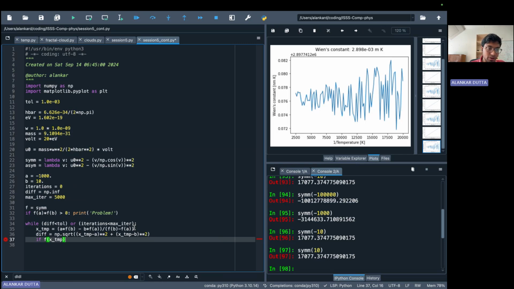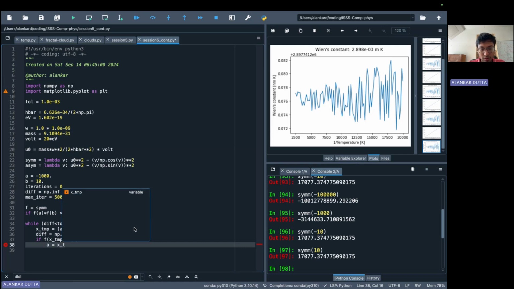If the sign of f of xtmp matches with f of B, then B will be replaced by xtmp. So we took f of B, f of A, right? And if this is greater than 0, that means xtmp and f of A have the same sign, right? So then we replace A equal to xtmp.